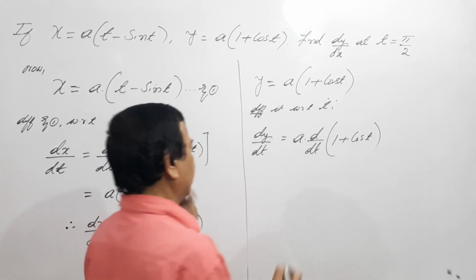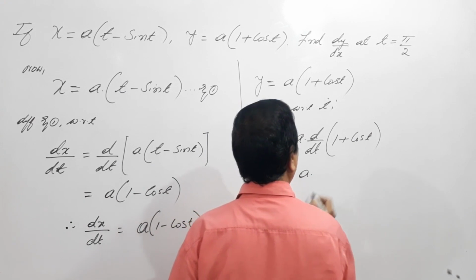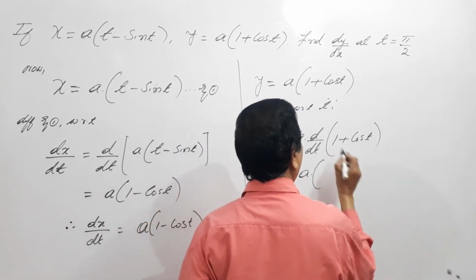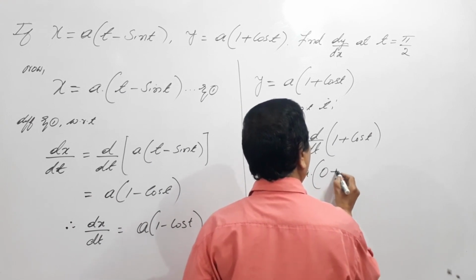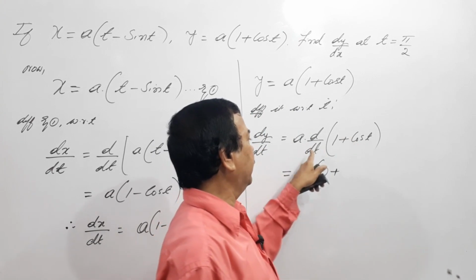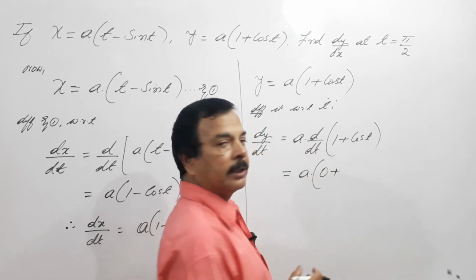This equals a into d by dt of 1, which is 0, plus d by dt of cos t, which is minus sin t.